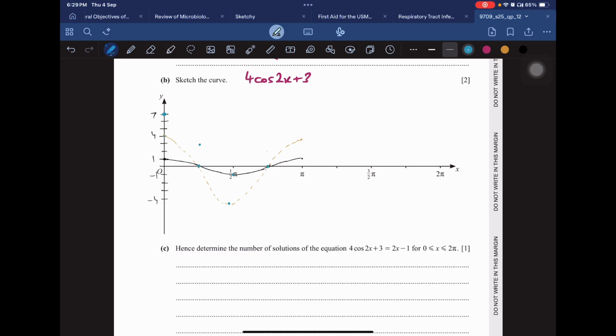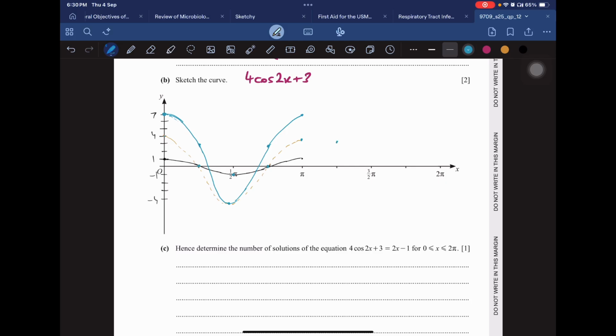This point will also go 3 units upwards to positive 3, and then the last point will go 3 units upwards to positive 7. So our graph will be the one I'm drawing in blue now. And then we can continue this on the other side.